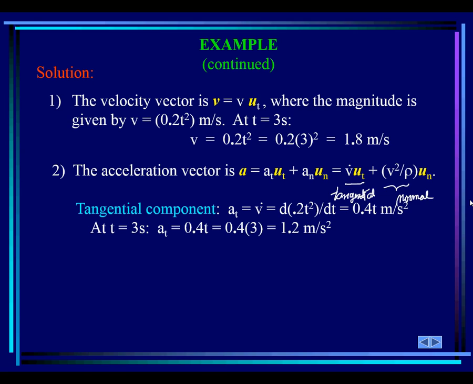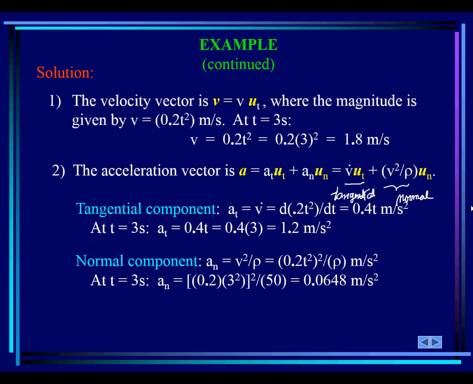At t equals 3 seconds, at is 0.4t, which equals 1.2 meters per second squared. The normal component is v squared over r. We calculate that.